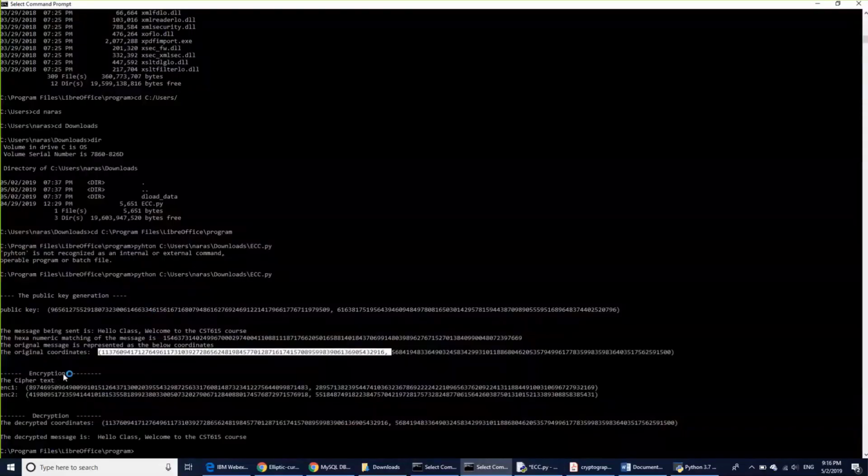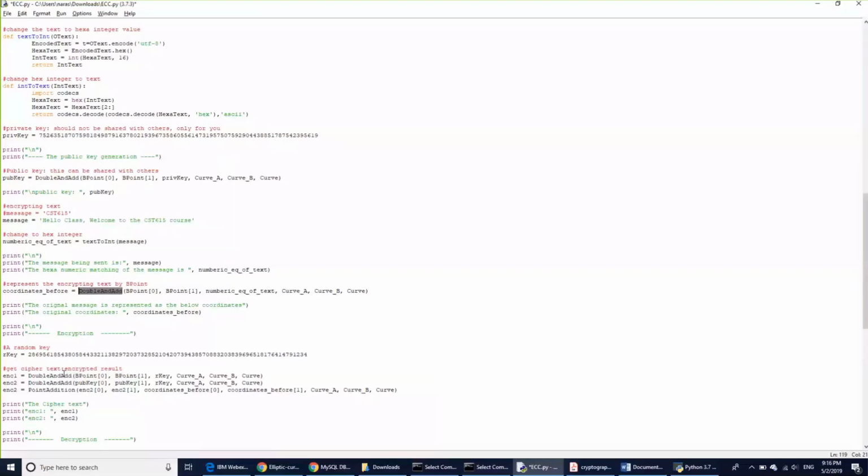And the encryption process starts from here, and like I mentioned before, we choose the random number to generate the coordinate points on the curve. The encrypted ciphertext is a pair of points.